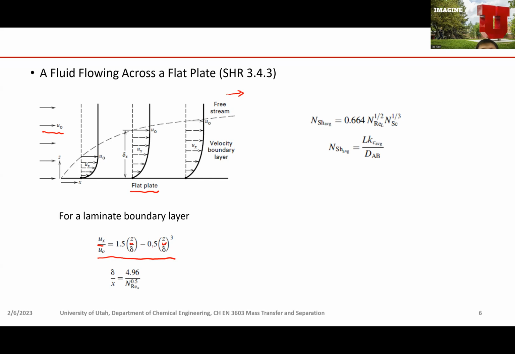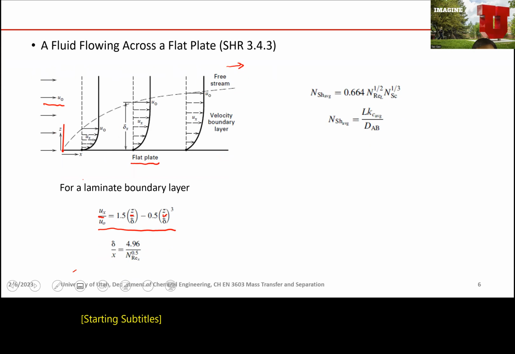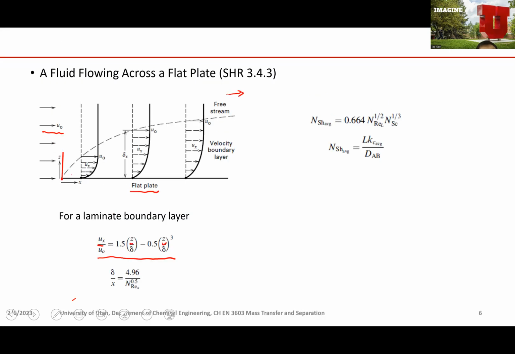Delta is basically the thickness of your velocity boundary layer. X is the distance of your flow from the initial point where your flow encounters the flat plate. Okay, and this is dependent on the Reynolds number.